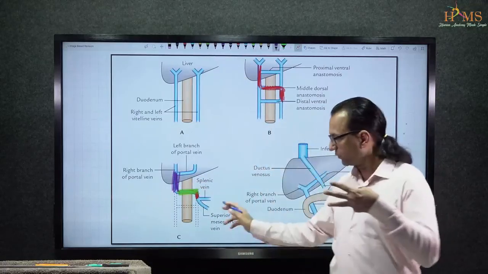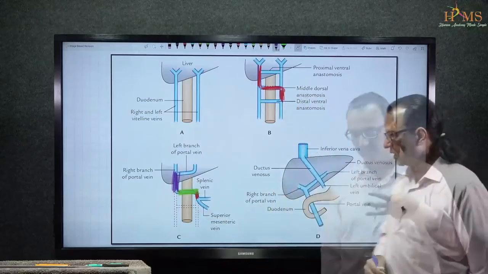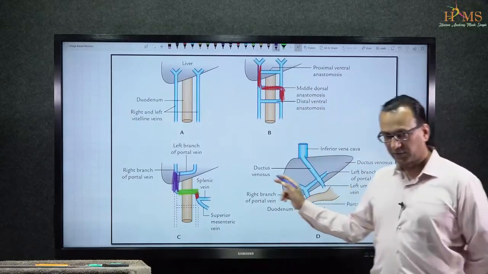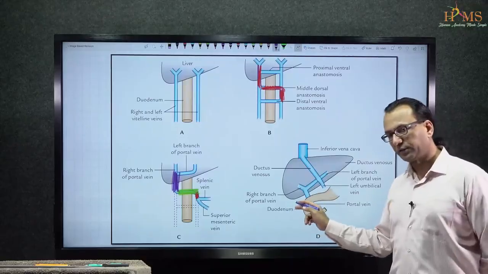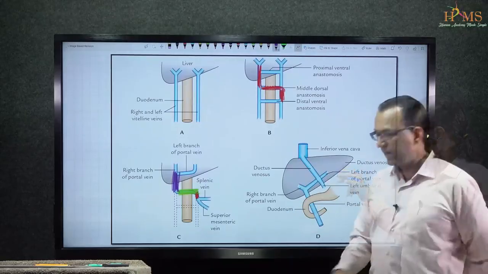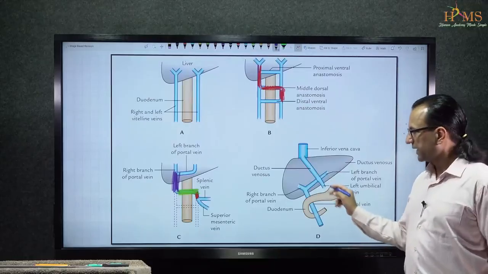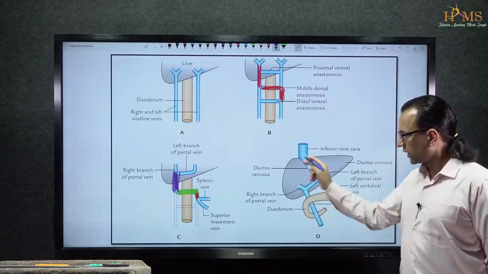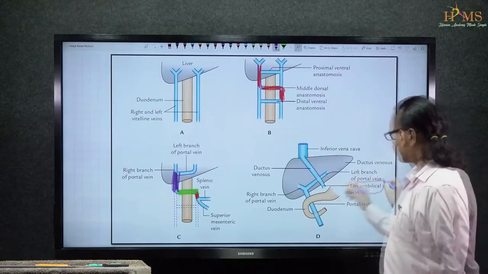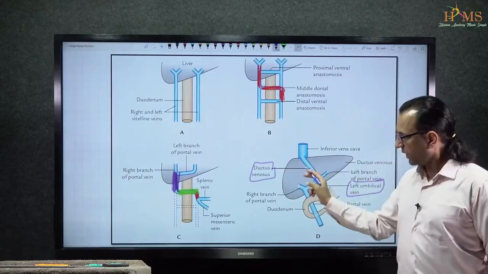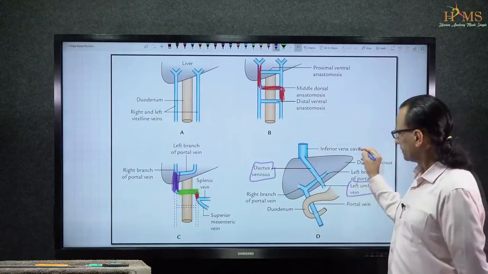Later the portal vein will give right and left branches, and you can see that in the fetal circulation the left umbilical vein will bring the oxygenated blood and is going to bypass the liver using the ductus venosus here, and then take the oxygenated blood directly into the inferior vena cava.